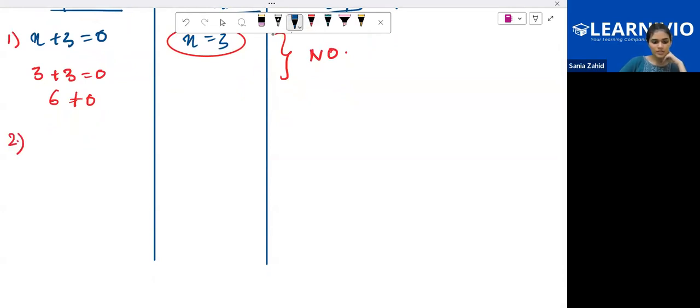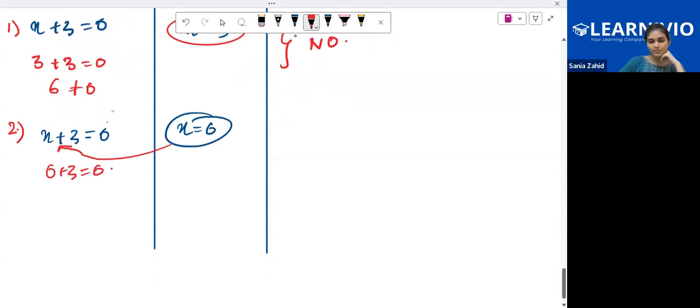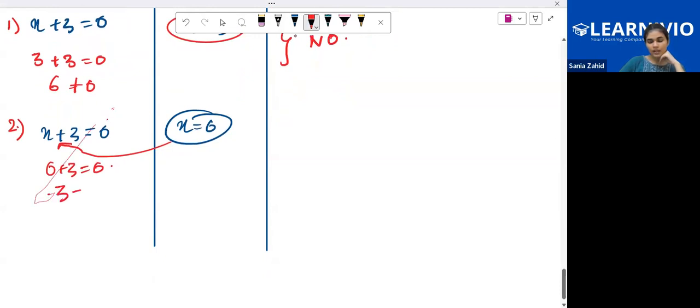Now the next one is x plus 3 is 0, but now x is 0. If x is 0, I will substitute x over here. I will get 0 plus 3 is 0. What is 0 plus 3? 3. And here I have 0.